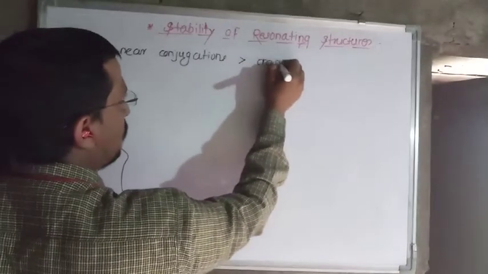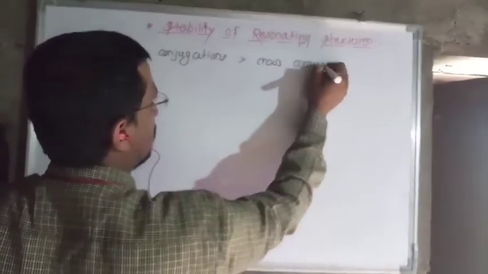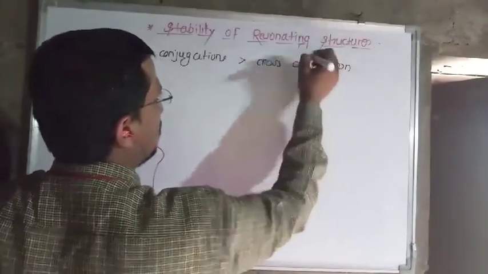That is the linear conjugation, linear conjugations असा स्ट्रक्चर असेल, इट इज मोर स्टेबल दॅन क्रॉस कॉन्जुगेशन. Linear conjugation is more stable than cross conjugation.